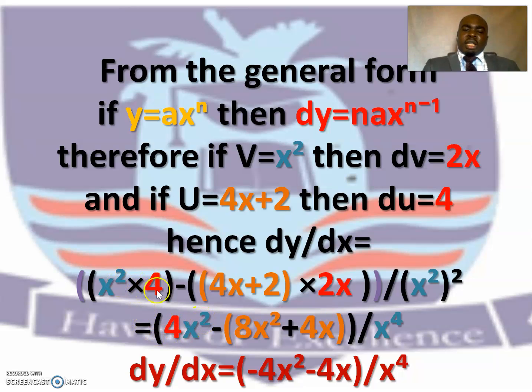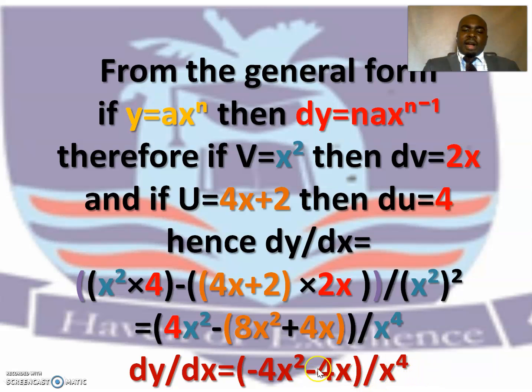That's going to give us, multiplying this, we have 4x squared, and multiplying this, we have 8x squared plus 4, all over. From our laws of indices, we know that x squared all squared will give us x raised to the power 4. So 4x squared minus 8x squared is going to give us minus 4x squared, and since this is negative, this is also going to be minus 4x, all over x raised to the power 4.